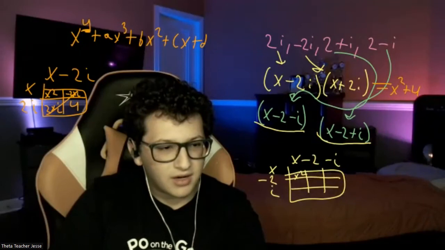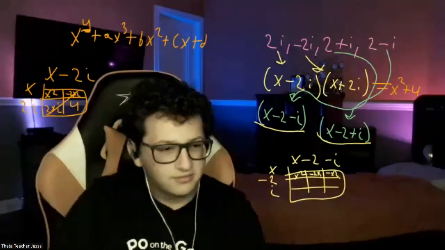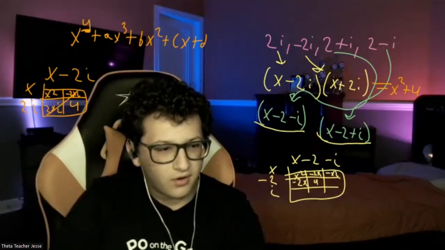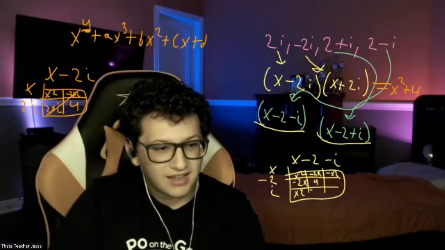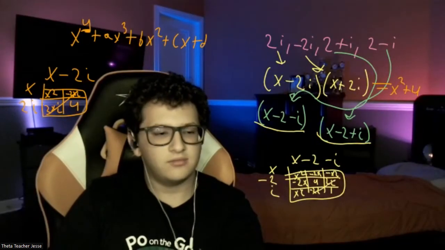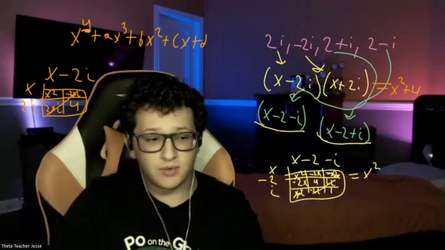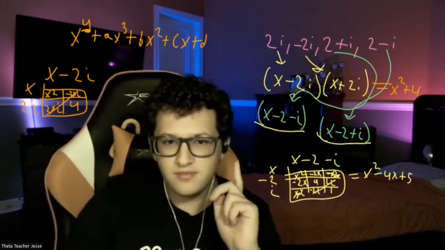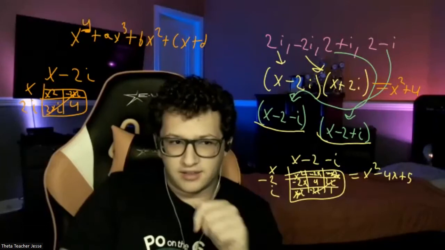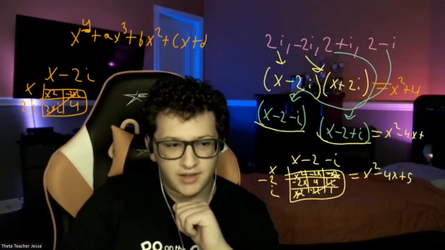Here we have x squared, negative 2x, negative xi, negative 2x, 4, 2i, negative 2i, and 1. So these two will cancel out. This and this will cancel out. And that leaves us with x squared minus 4x plus 5. Okay, there we go. So that's x squared minus 4x plus 5.